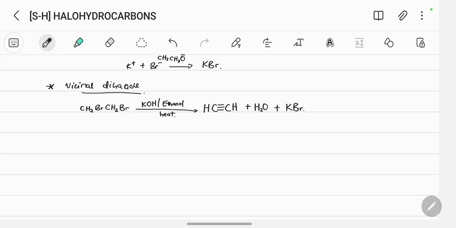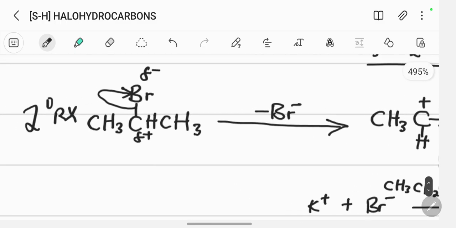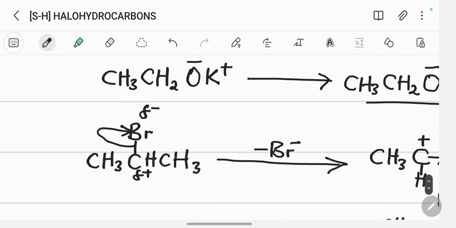And when you look at vicinal dihalides, then when you want to look at maybe a unimolecular reaction, for secondary alkyl halides we are seeing unimolecular reactions taking place, and for this case it's elimination unimolecular.